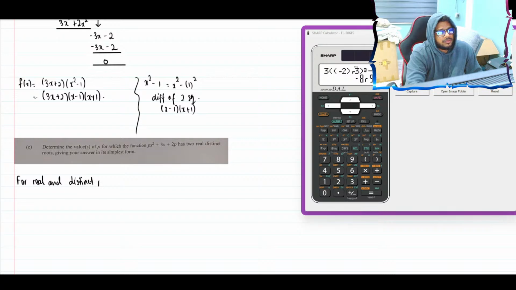Real and distinct roots: b squared minus 4ac is greater than 0. I have p x squared plus 3x plus 2p. A is p, b is 3, and c is 2p.